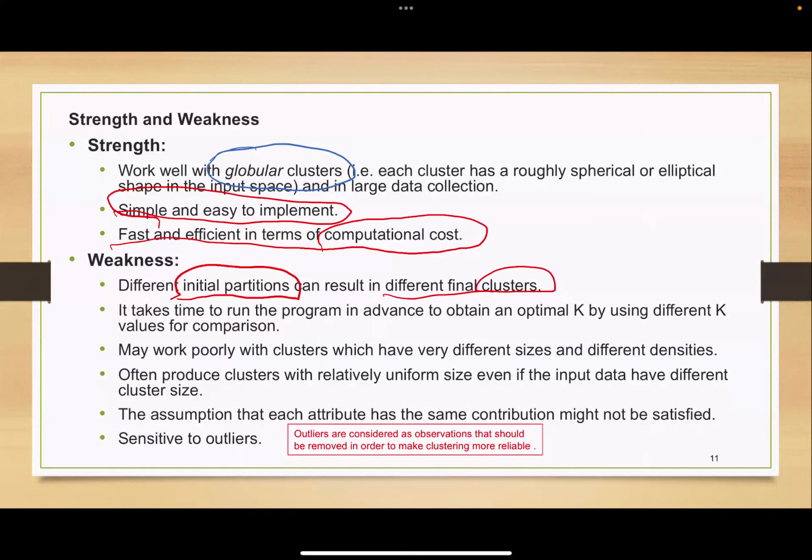Okay, so usually you need to run k-means several times to see what's the best result, because in practice we usually use random centroids at the beginning. So you need to run k-means several times to see which is the best initialization. And other things you can have a look at, but not very important.